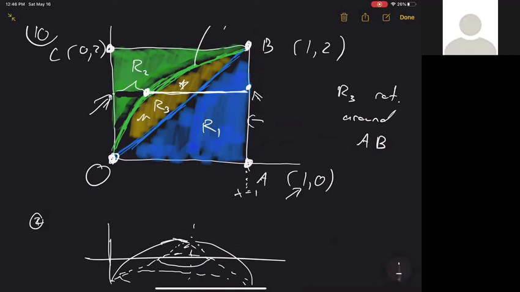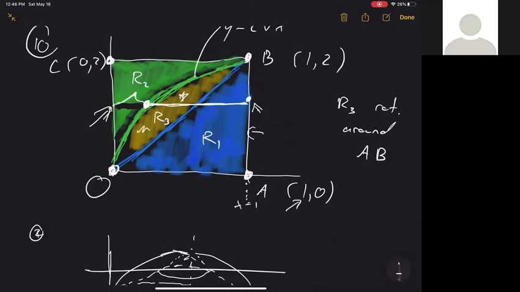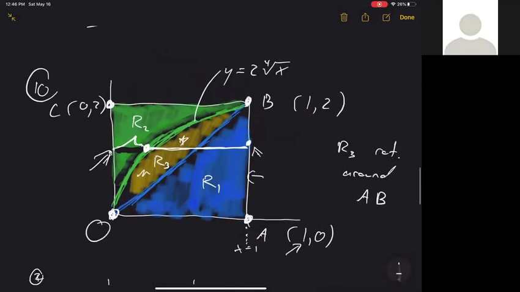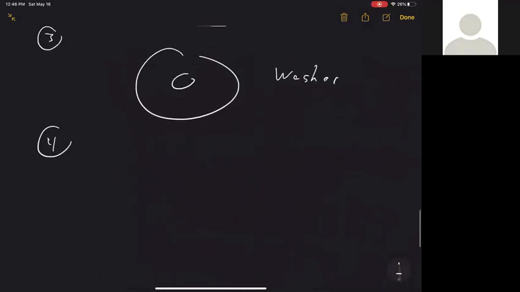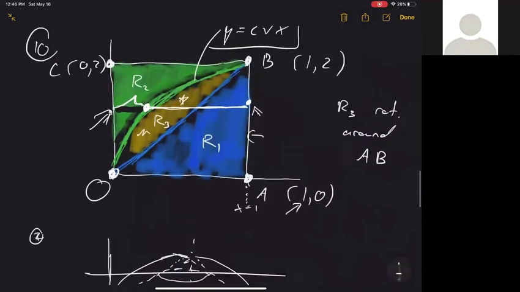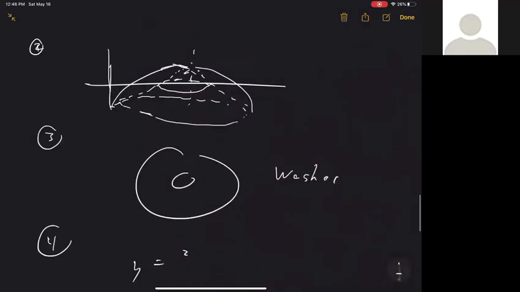So what is this distance, this x-coordinate? Well, remember, my curve here is y equals 2 times the 4th root of x.